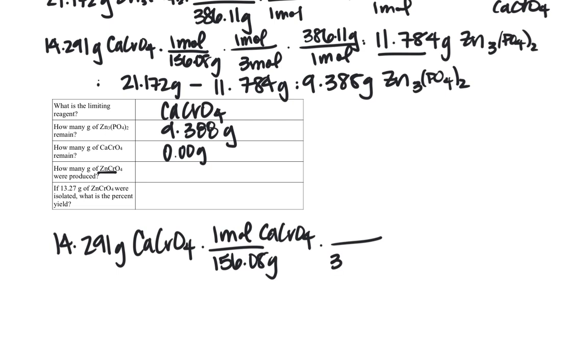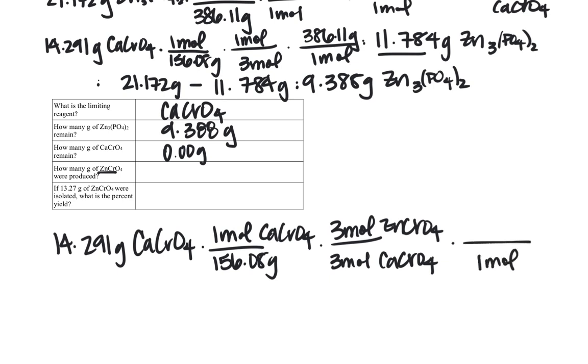There are 3 moles of calcium chromate for 3 moles of the zinc chromate. And for every 1 mole of zinc chromate, there are 181.04 grams. So this gives us a theoretical yield of 16.583 grams.